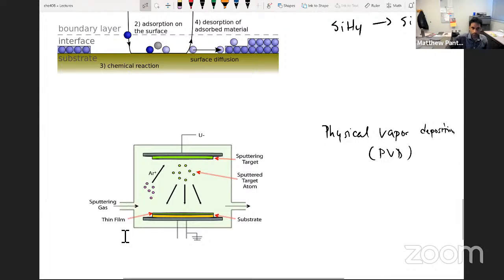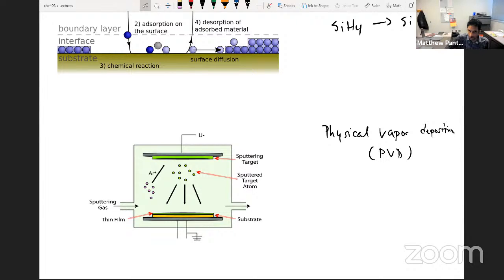So in this case, we have some kind of energetic process where we have ionized argon atoms that are accelerated towards this surface. And these argon atoms hit this sputtering target so hard that atoms or clusters of atoms fly off of this sputtering target.